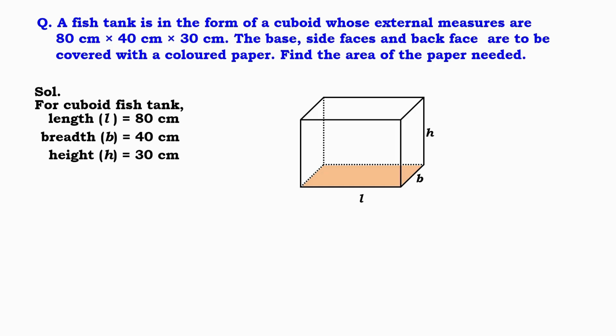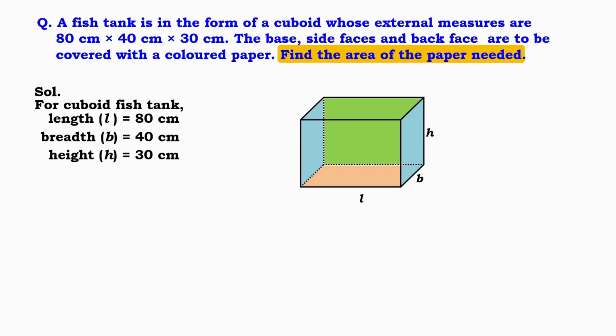Side faces means the side ones, the vertical faces. Not all of them, only the side ones, not the front and back one. Side faces means the blue one. And back face is the green one. That has to be covered with the colored paper. Only the front face will not be covered.